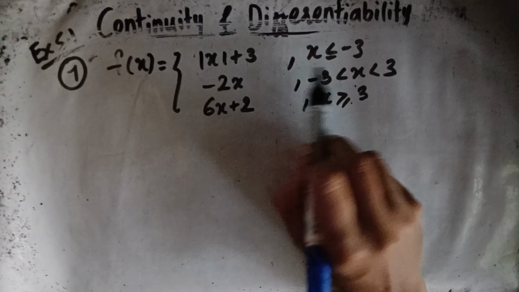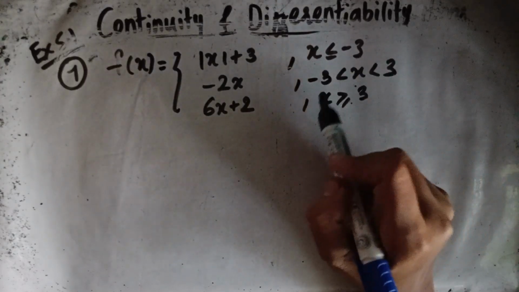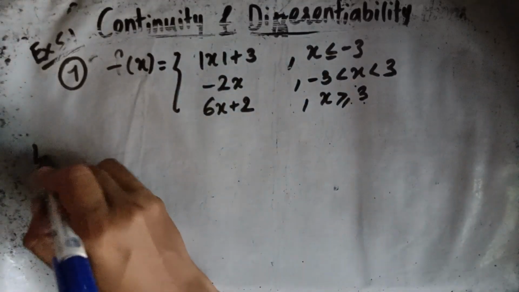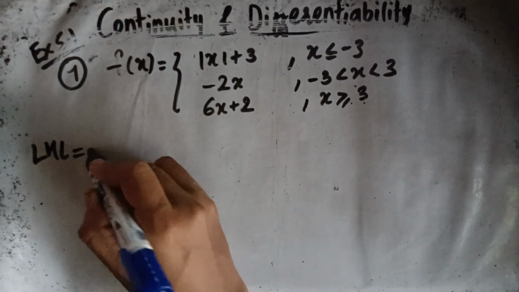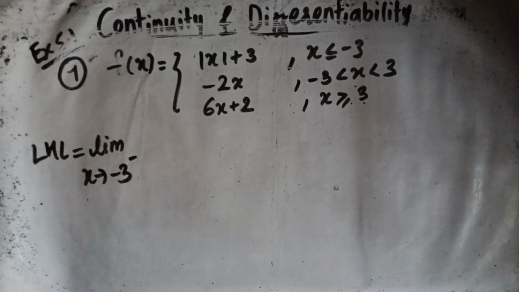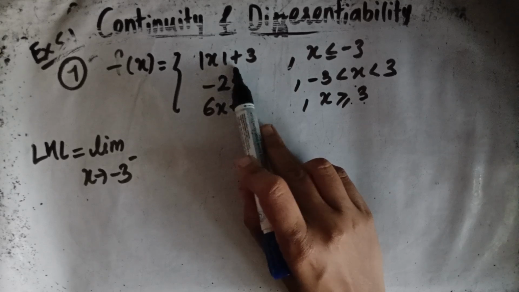Here we have to approach from the left hand side, then the right hand side, then again do the same for 3 also. So for the LHL, when the limit is x tending to minus 3 minus, we have to take mod of x plus 3.